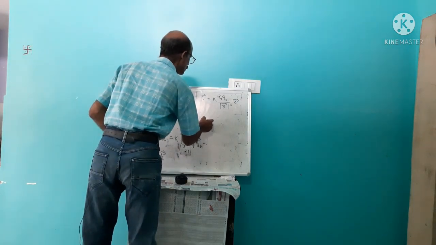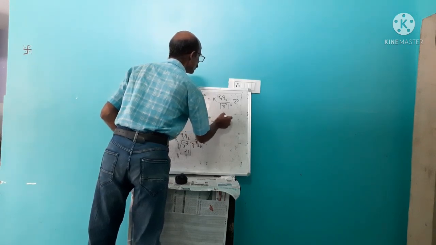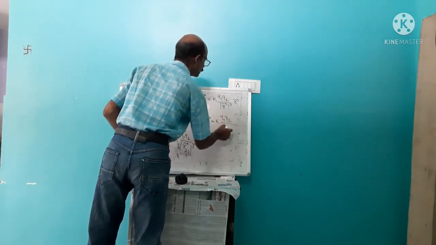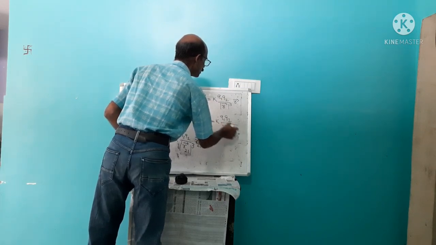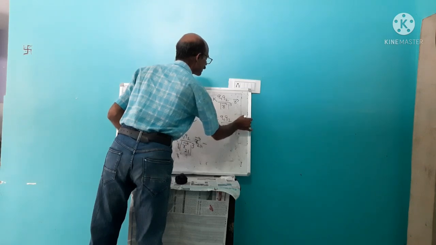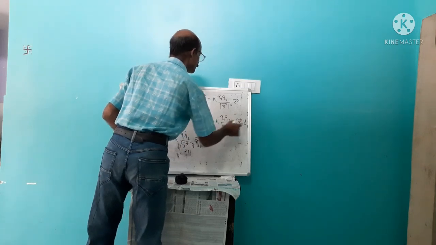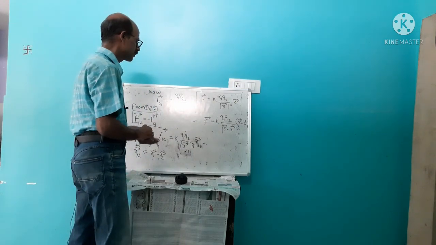Or in some books it is written like this: K into q1 q2 by magnitude of vector r minus r dash cubed, into vector r minus vector r dash. This is as per the position vector.